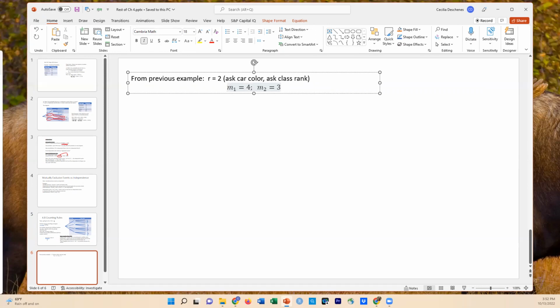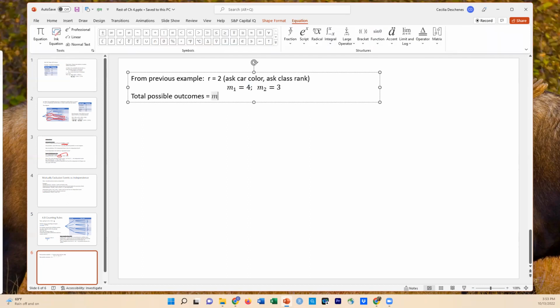And so from here, we saw that the total possible outcomes was M1 times M2, which for us equaled 4 times 3, or 12.